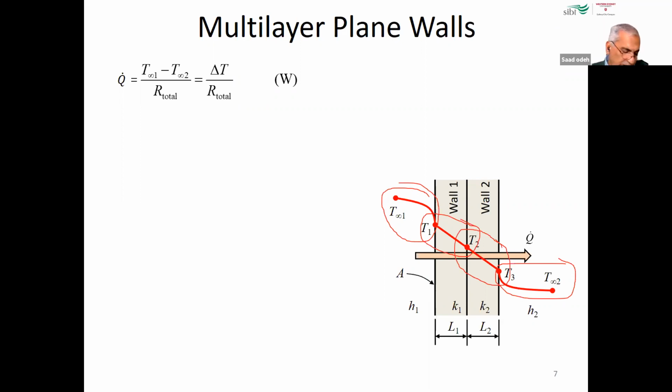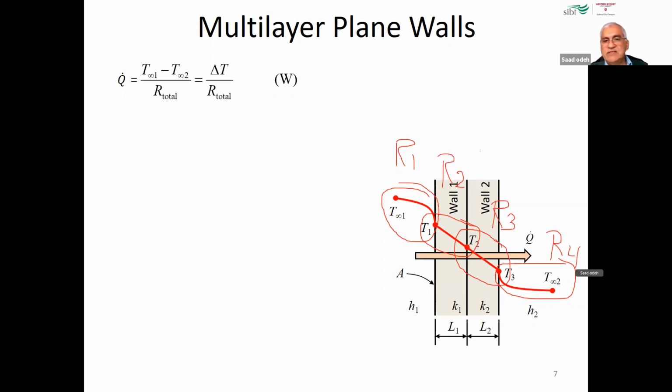So in this case, we have R1 by convection, R2 by conduction, R3 by conduction also, and R4 by convection.